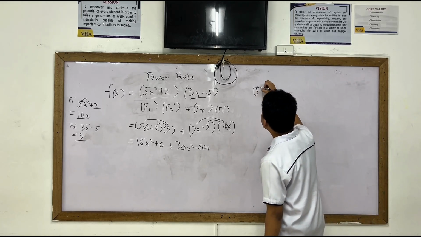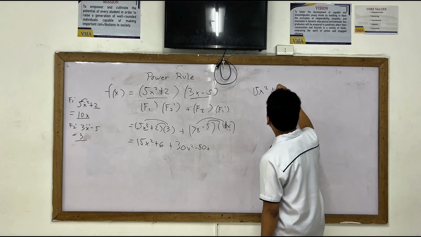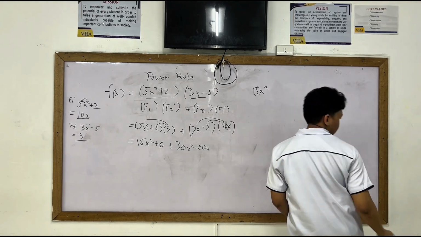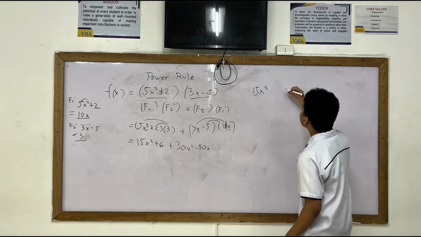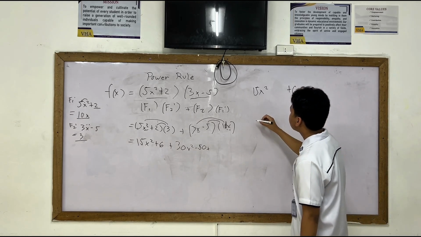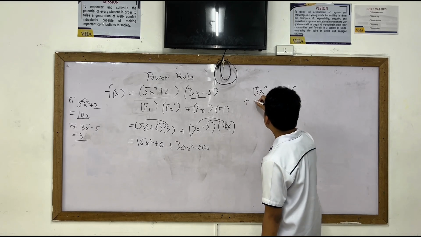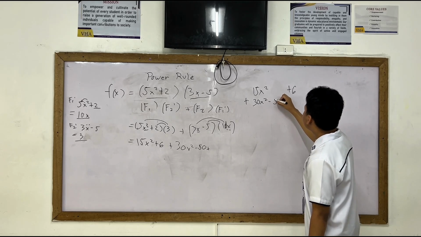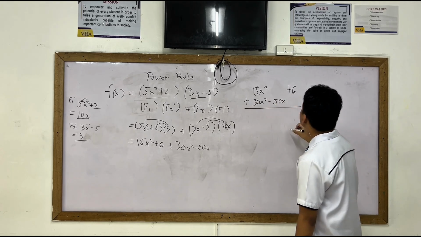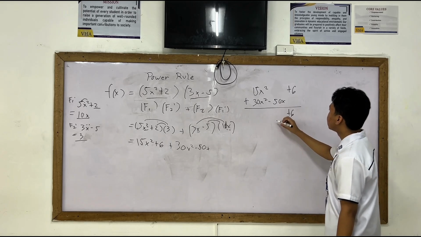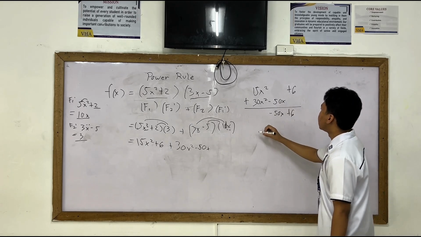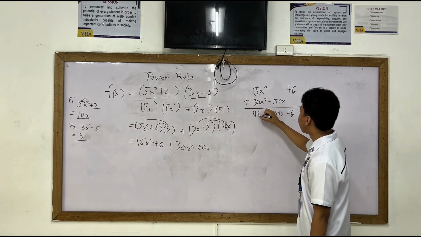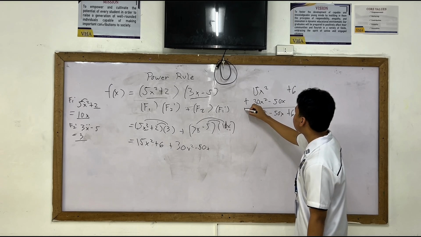We have 15x squared plus 6 and 30x squared minus 50x. So we just bring down 6, bring down 50x, and add 15 and 30 together, so we get 45x squared. This will be our final answer.